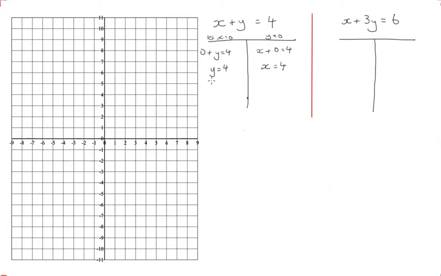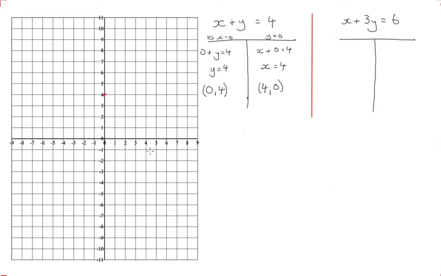Now we can get our coordinates: x is equal to 0 and y is equal to 4, and over here x is equal to 4 and y is equal to 0. I'm going to use red so that we can distinguish the two lines. So (0, 4): 0 on the x-axis and up to 4 on the y-axis.